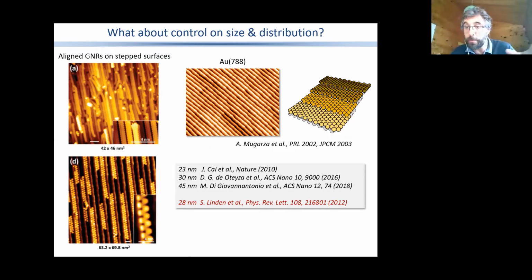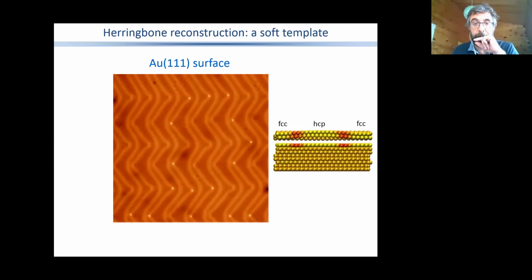Or if you want to build some two-dimensional structures, then these are not the right templates. They are too hard. So we need smaller, softer templates, and that's exactly what we did in this work that you read: use a much softer template, which is on the very same surface of this material that they use for these stepped surfaces, which is the reconstruction of the gold surfaces.